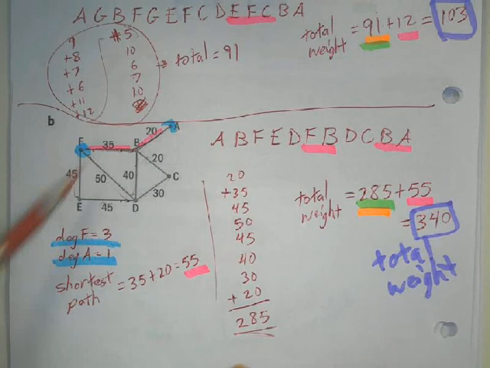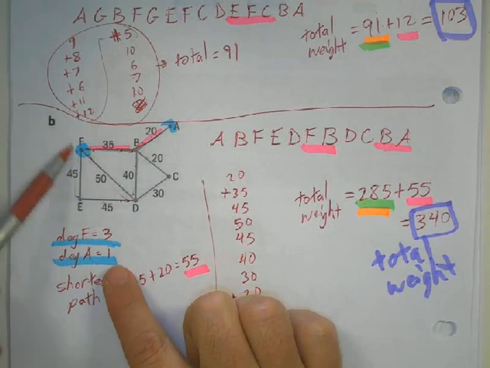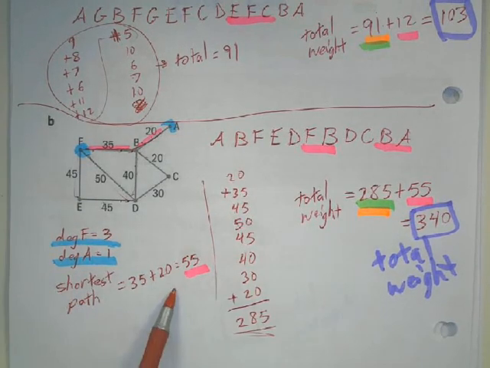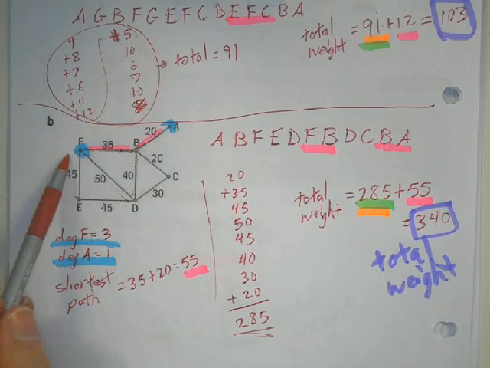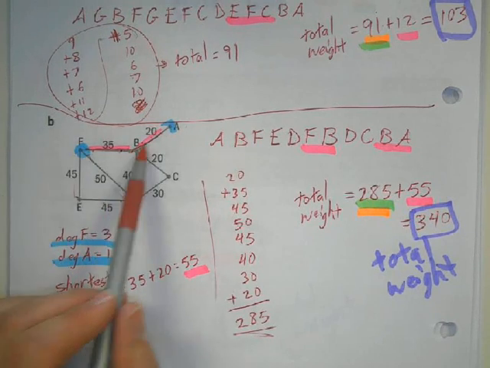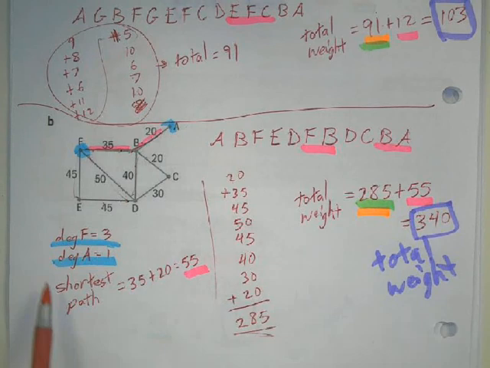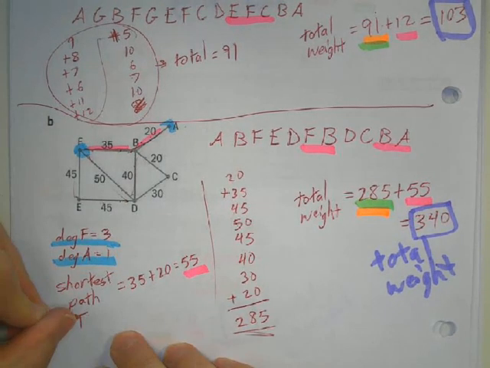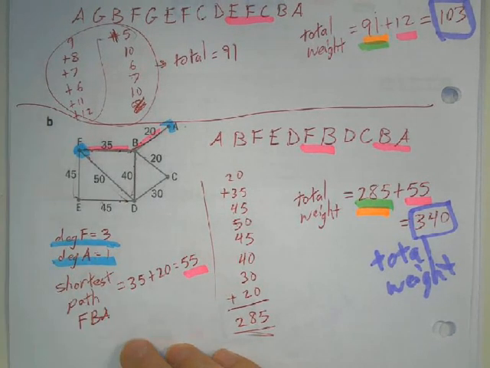Okay. The odd degrees are A and F. And so the shortest way between F and A is F to B to A. That's F to B to A is my shortest path.